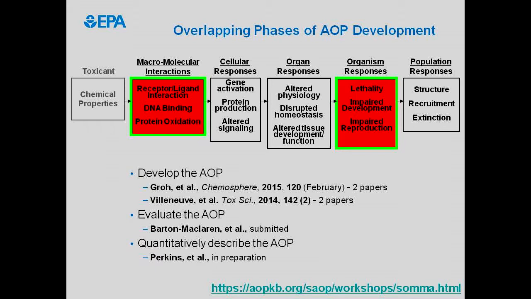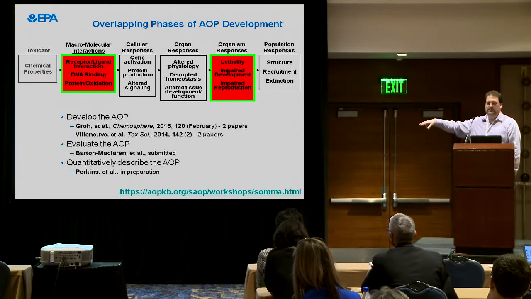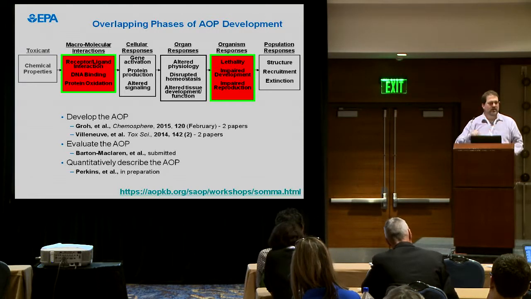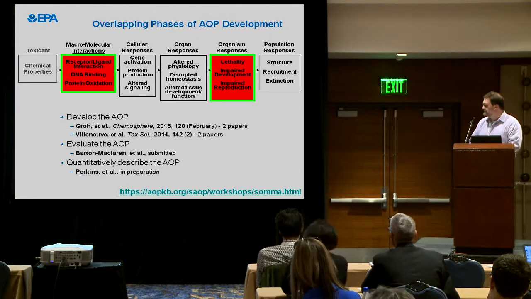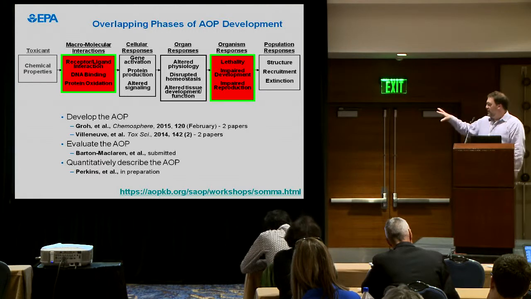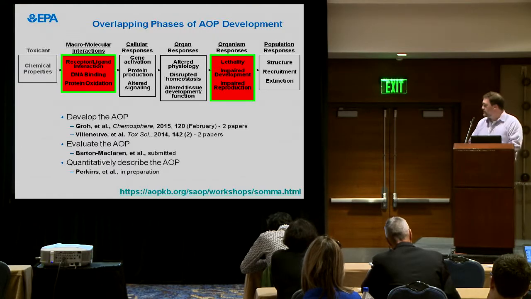If you get the URL at the bottom, we keep a running list of the current state of all the papers, with links to all those that have been published. When the other papers are published, we will update it to include links. If you're interested in more information on any of these steps, those are the papers.